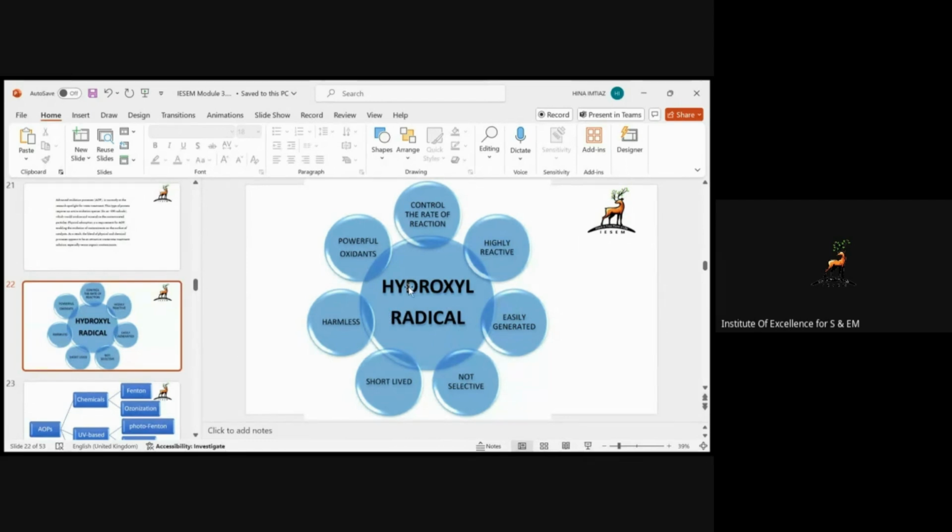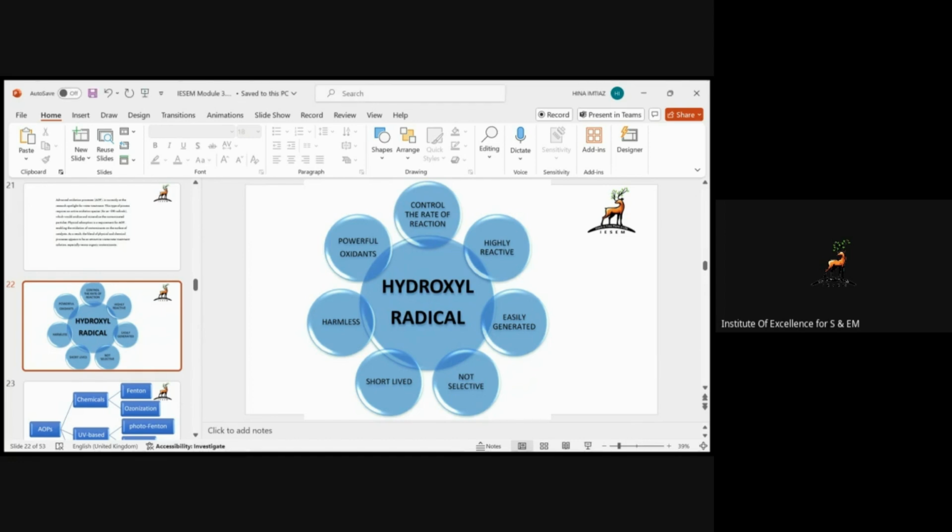So that hydroxyl ion, why are we so much interested in producing that hydroxyl ion? Can anybody tell me why we are so interested in the formation of the hydroxyl ion in the advanced oxidation process? Yes, you people, please tell me. Yes, anyone?